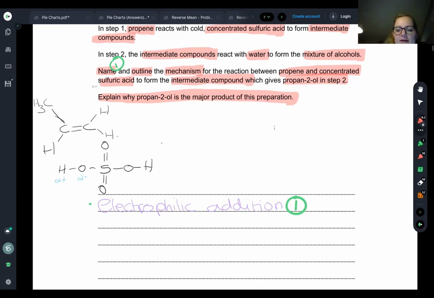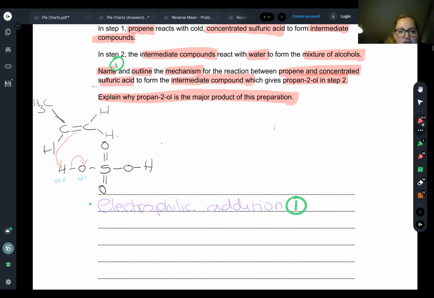The carbon-carbon double bond is going to break, and an electron pair is going to come here to the hydrogen because of that positive charge. The bond's going to break, the electrophile is going to work that way to the hydrogen. Because of that happening, the bond between the hydrogen and the oxygen is going to break, and that electron pair is going to come here to the oxygen.